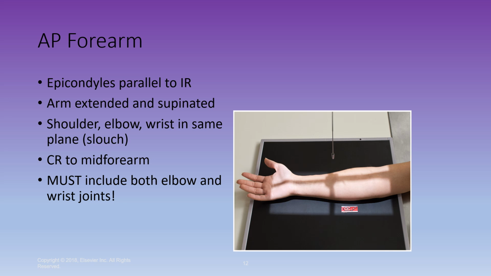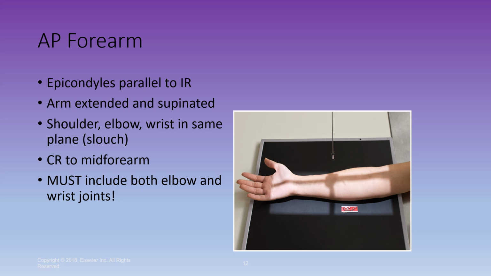The shoulder needs to be dropped on a forearm so that the entire limb is on the same horizontal plane. What do I mean? I mean shoulder, elbow, and wrist all have to be within the same plane. So you could have the patient drop their shoulder, the patient could slouch in their chair to achieve that, or you could actually raise the table height so that when the arm is raised, it puts it in the same plane with the shoulder.